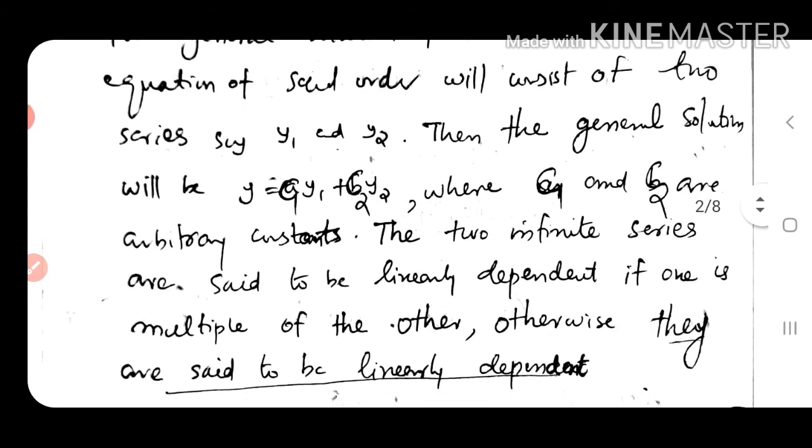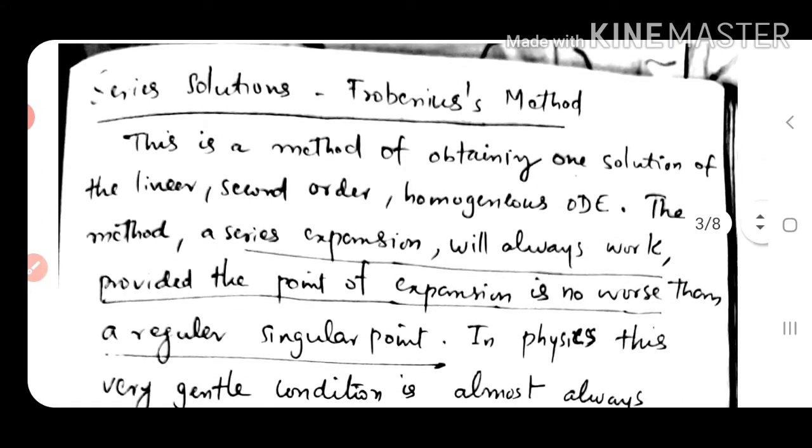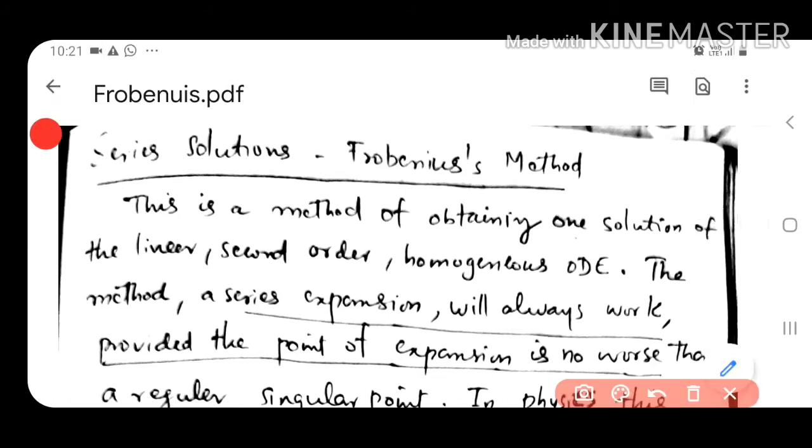And we see a method. This is called the Frobenius method for finding a series solution, a series solution of a linear second order differential equation.